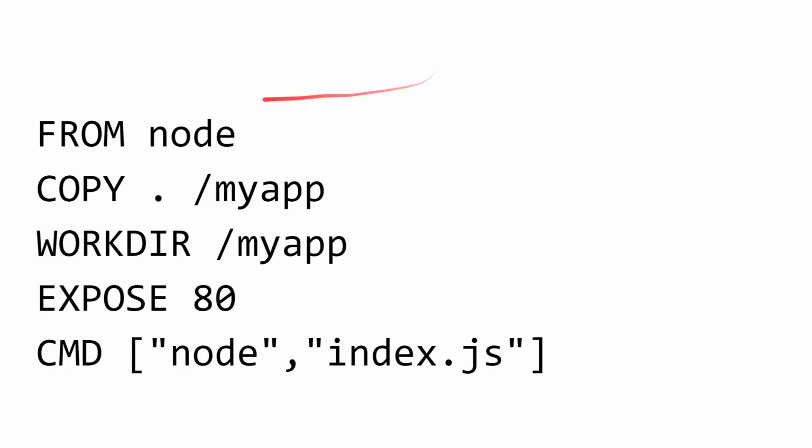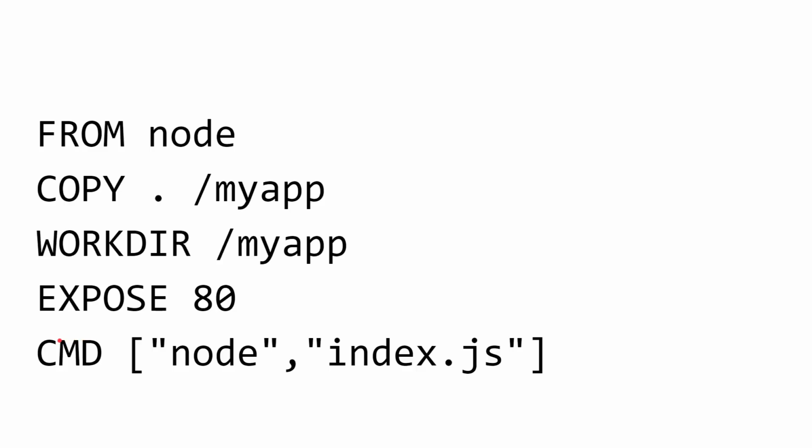Okay, let's have a look at another example. This time I'm going to be using node.js. So I'm saying FROM node. Same thing again, copy and working directory into this folder called my app. A new command here, EXPOSE 80. So that's saying that this container needs to use port 80. And of course, port 80 is what we use for HTTP. So when you connect to a website, inherently it's connecting to port 80 of that server.